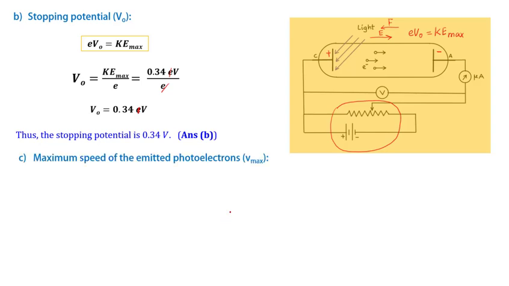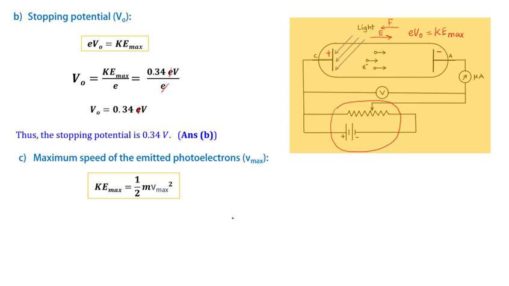In part C, it has been asked to find the maximum speed of the emitted photoelectrons. Obviously, it will be the speed of the photoelectrons having maximum kinetic energy. We know kinetic energy is expressed as 1 by 2 mv square. So for the electrons having maximum kinetic energy, this maximum speed would be v max, and the maximum kinetic energy can be expressed as 1 by 2 m v max square.